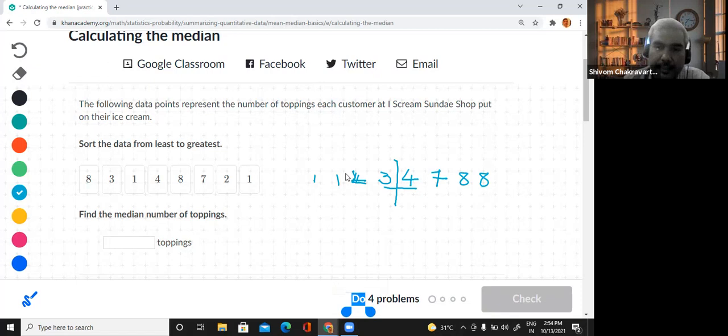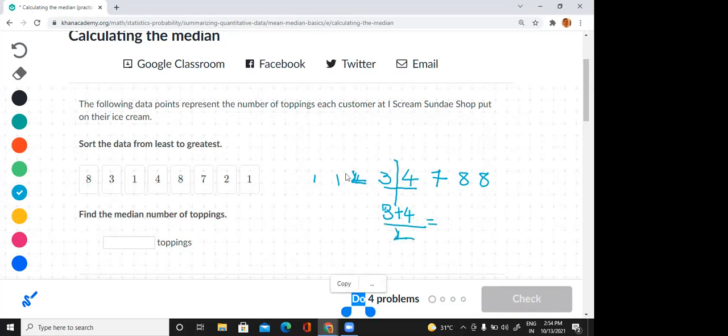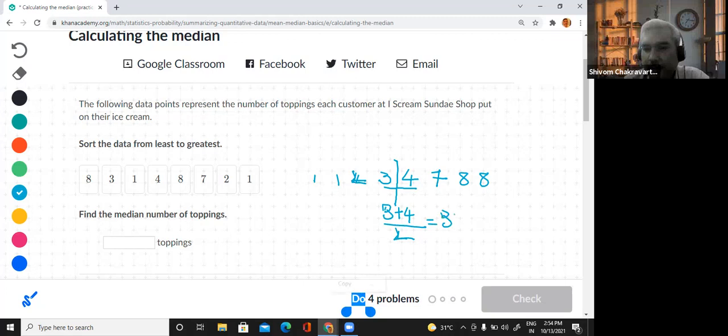That is 3 plus 4 divided by 2. That is 3.5. So here we will write 3.5.